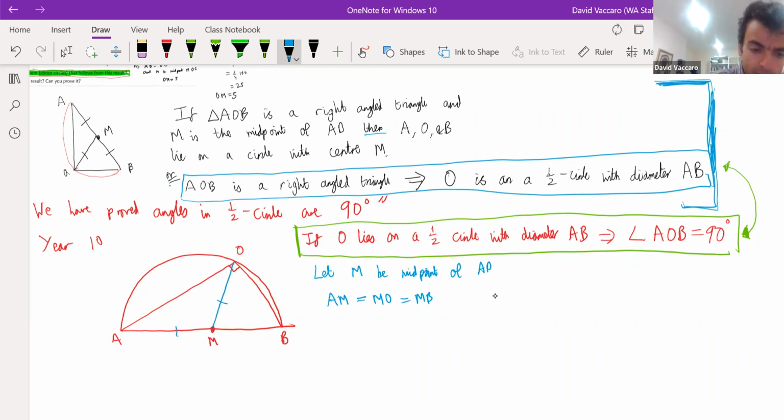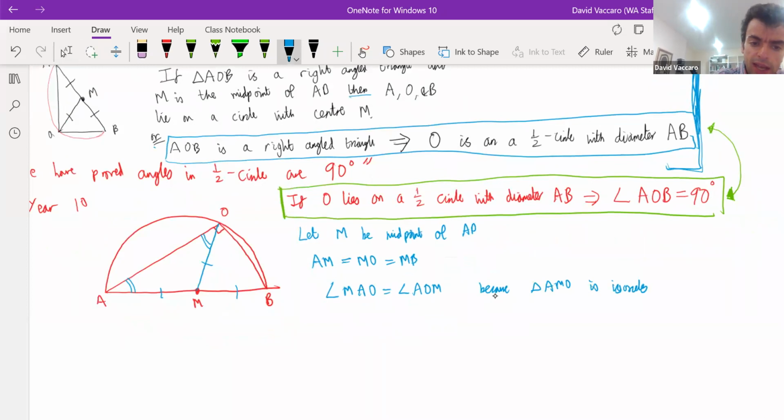So these three lengths are equal. So I can say that this angle MAO and this angle AOM are equal because they are the base angles of an isosceles triangle, because the triangle AMO is isosceles.